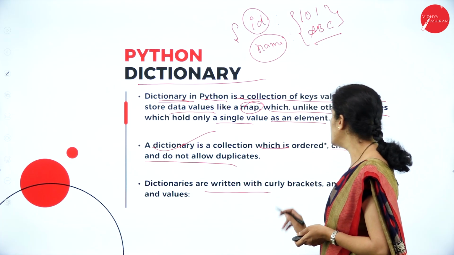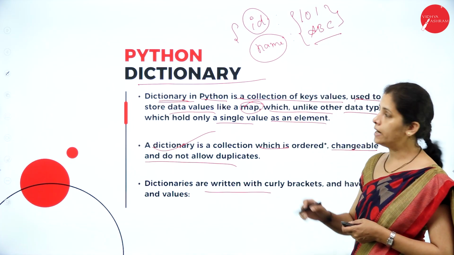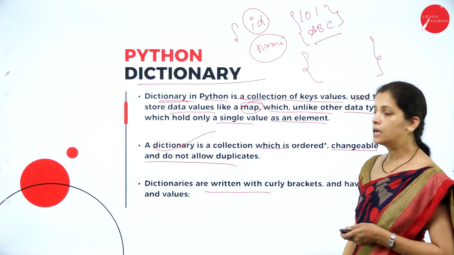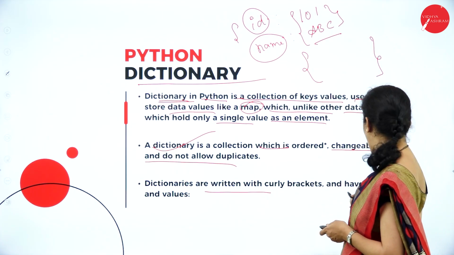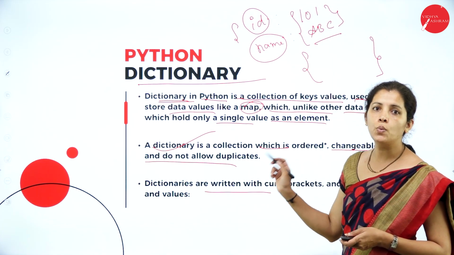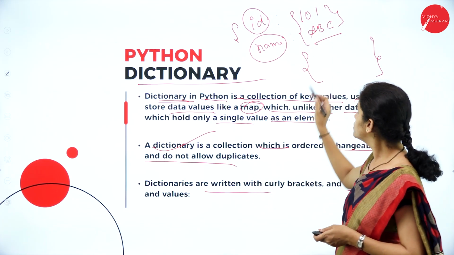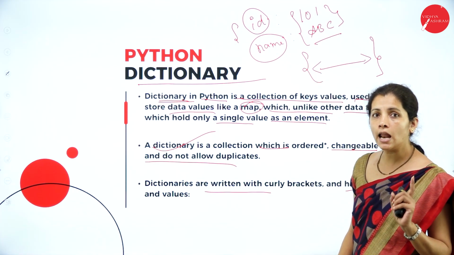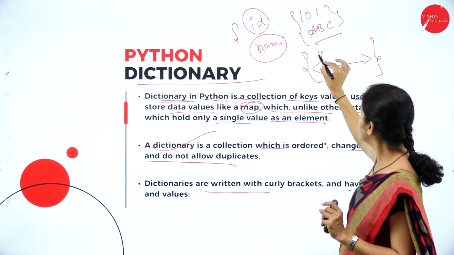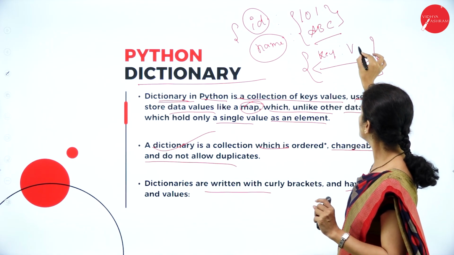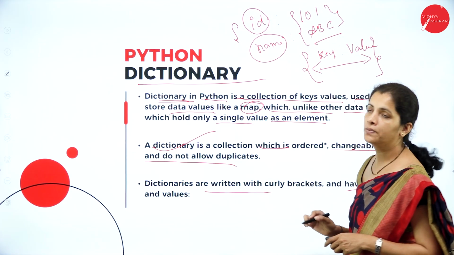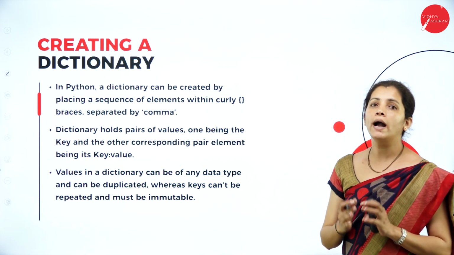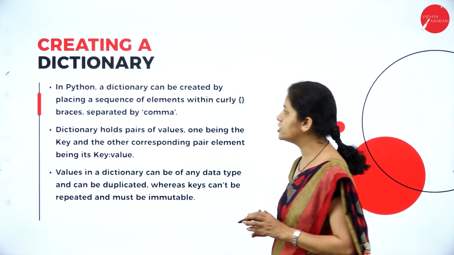Dictionaries are written with curly brackets. So, to define a dictionary, I'm going to use curly brackets and have keys and values. Along with that, I'm going to have the key and the value. Now, let me discuss how I can create a dictionary.